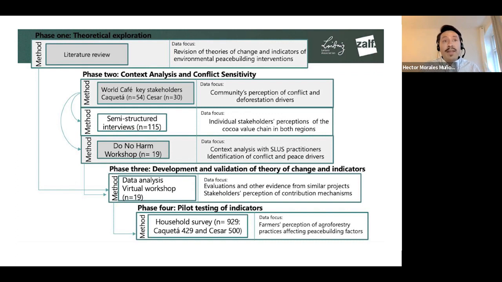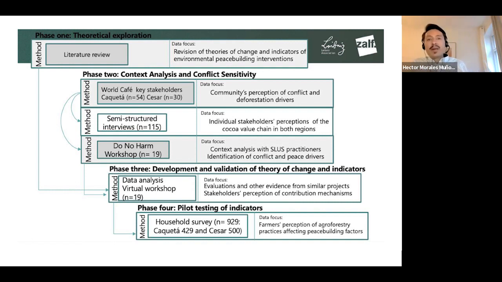Then we did semi-structured interviews focusing on individual stakeholders' perceptions of cocoa value chains in this region. Then a do no harm workshop to understand the perceptions around the conflict and peace drivers. And then we analyzed all of this data to develop a theory of change and indicators, also based on a prioritization of the indicators and the peacebuilding dimensions that the stakeholders provided.